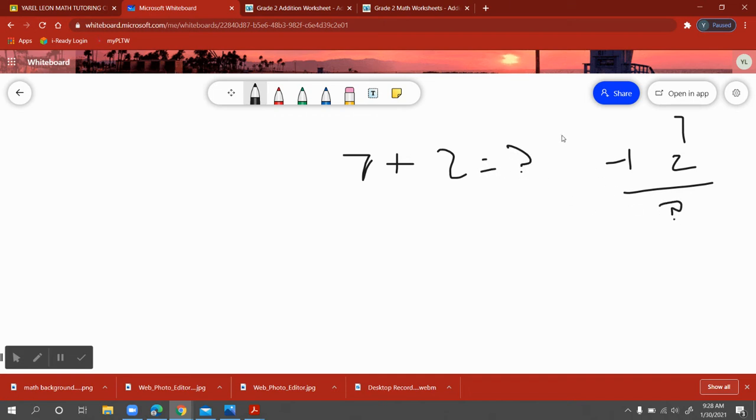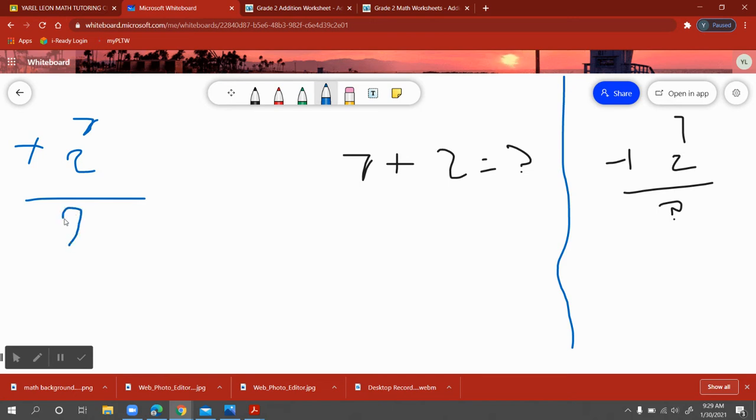You guys can pick any way, but I'm going to do both. So first, let's do this way. 7 plus 2. One easy way is to count up: 7, 8, 9. We added 2. So our total is 9.